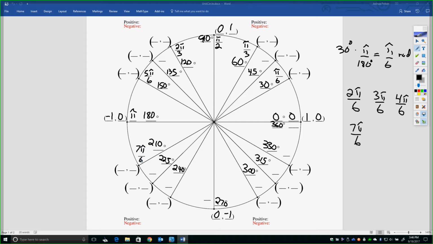Then we have 8/6. It's a common factor of 2, so that's 4 pi over 3. Okay. And then we have 9/6. Common factor of 3, 3 pi over 2. I'm sorry, 3 pi over 2, other way around. Get that wrong.